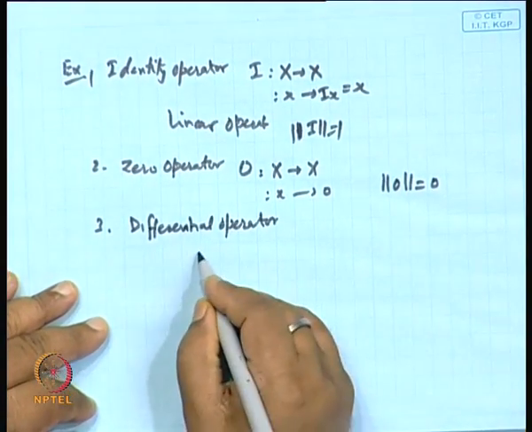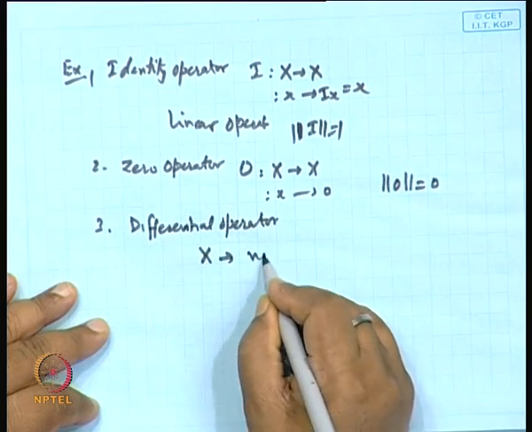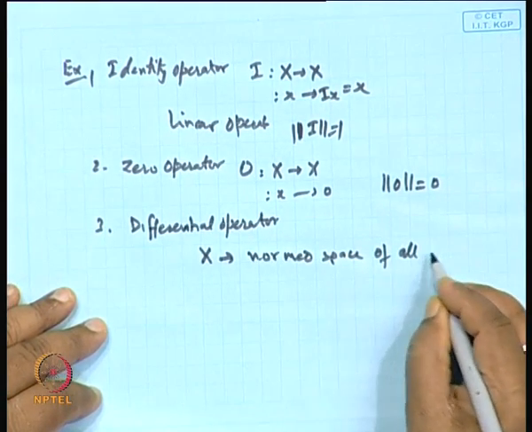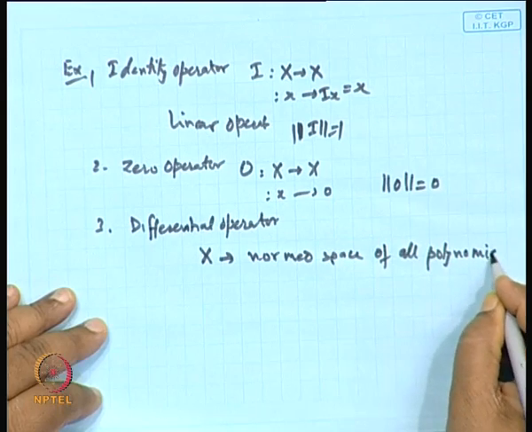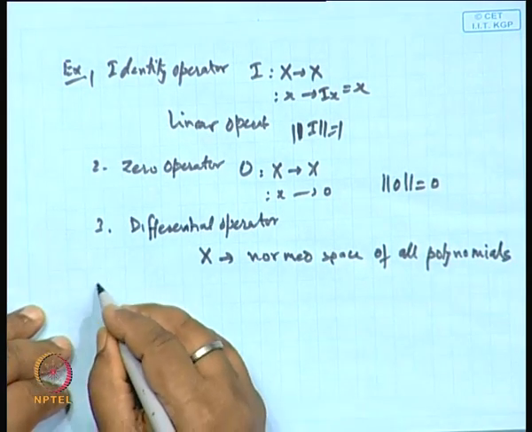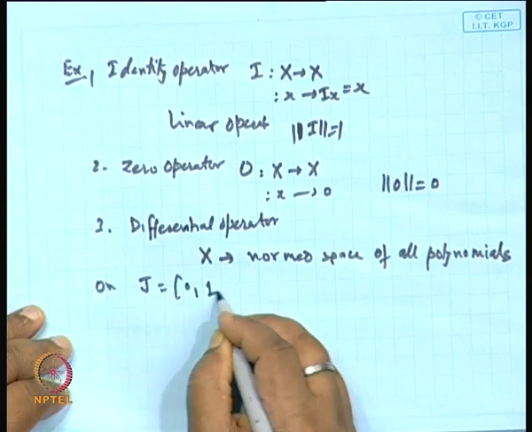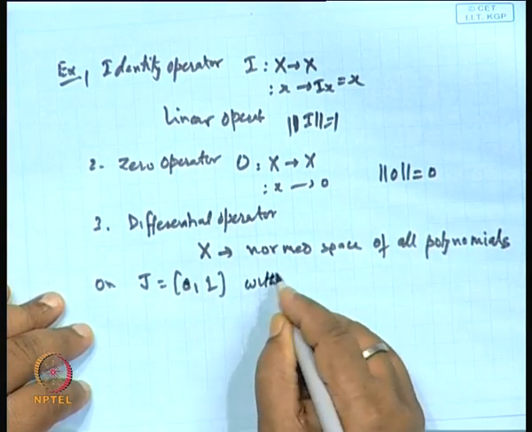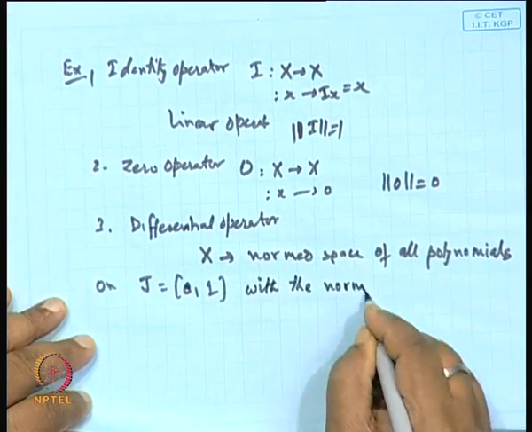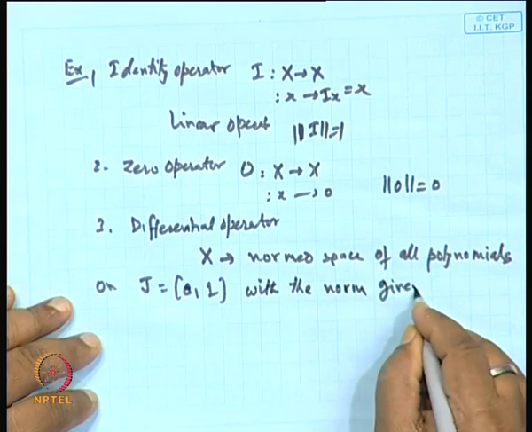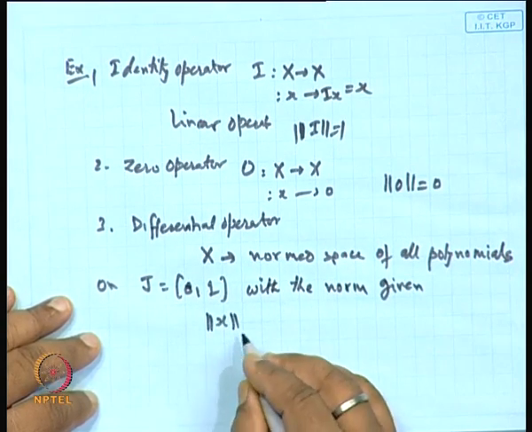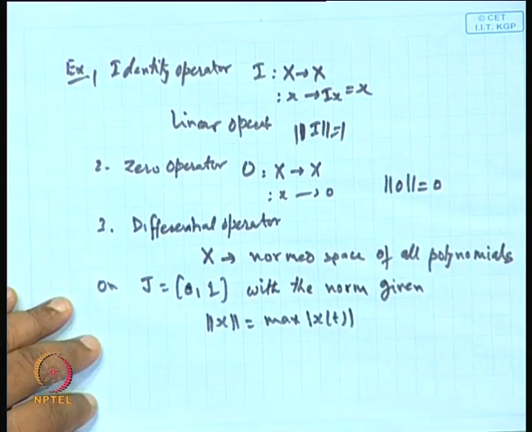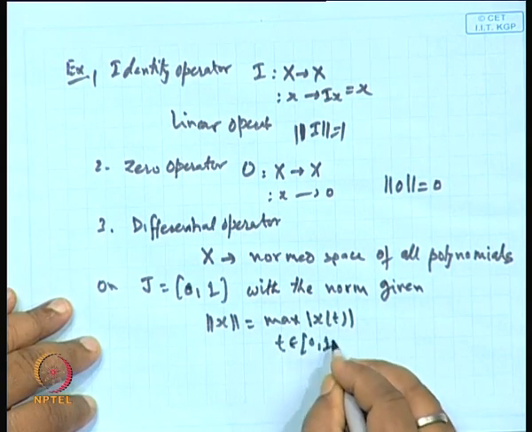That is, if we take X to be the normed space of all polynomials on the closed interval 0 1, with the norm given as norm of x equal to the maximum of mod x(t), where t belongs to the interval 0 1.